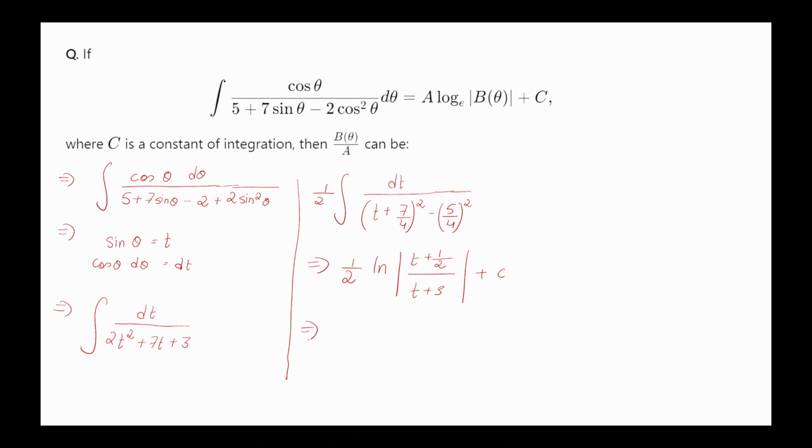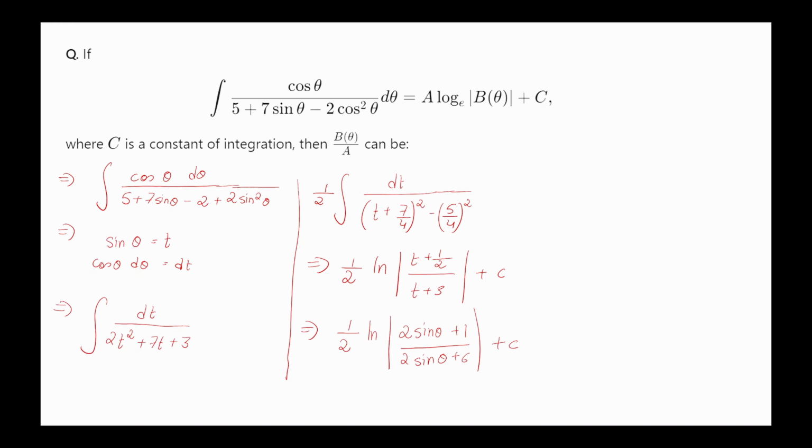So now, once I've gotten the integration, I'll substitute t with my sine theta, what I had assumed it to be. So this would become 2 sine theta plus 1 upon 2 sine theta plus 6, and I would have a plus c outside as well.